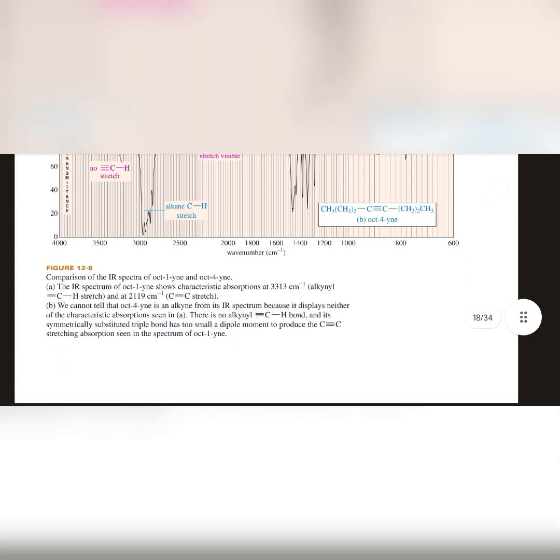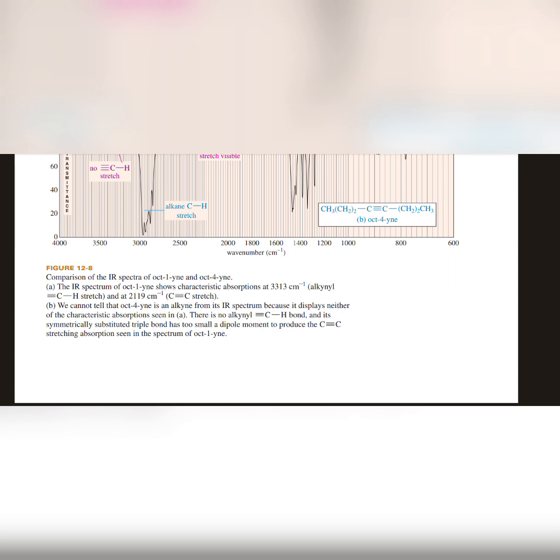Comparison of the IR spectrum of oct-1-yne and oct-4-yne. The IR spectrum of oct-1-yne shows characteristic absorptions at 3313 cm⁻¹ and at 2119 cm⁻¹. We cannot tell that oct-4-yne is an alkyne from its IR spectrum because it displays neither of the characteristic absorptions.